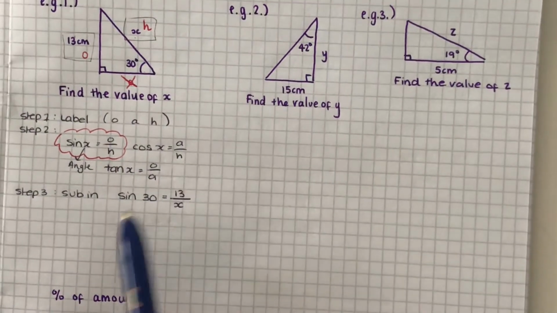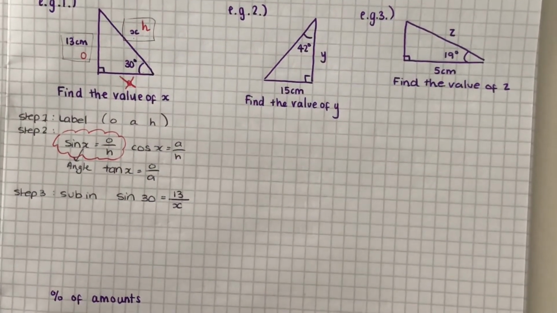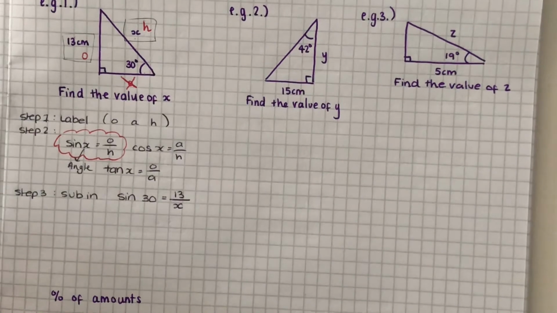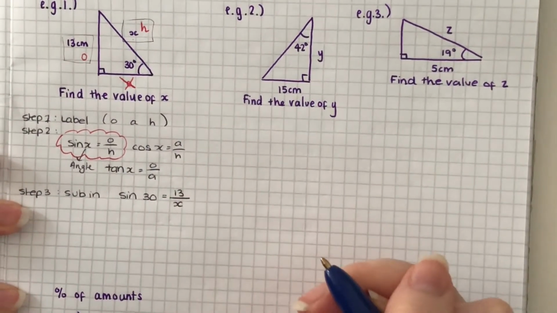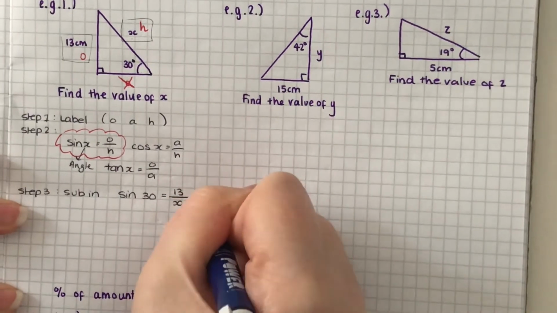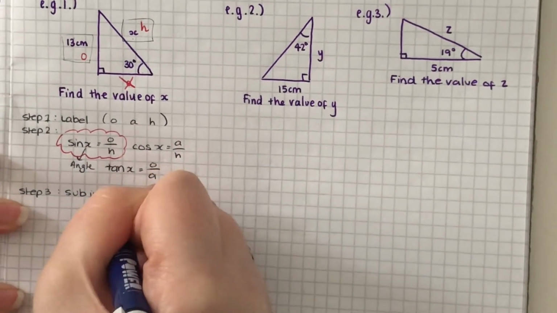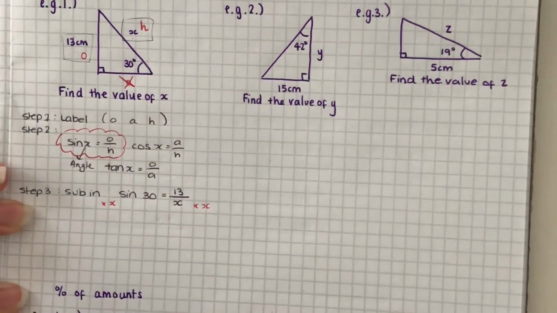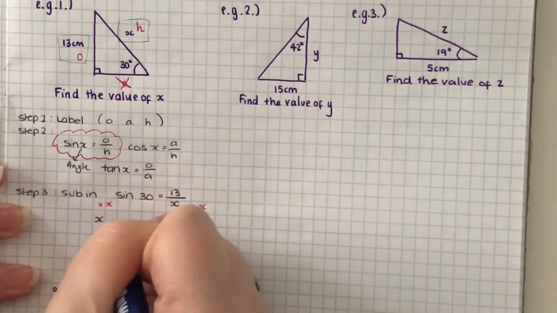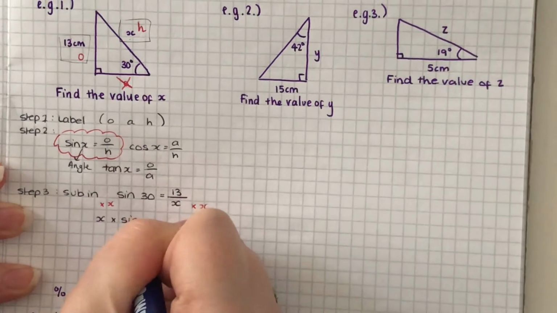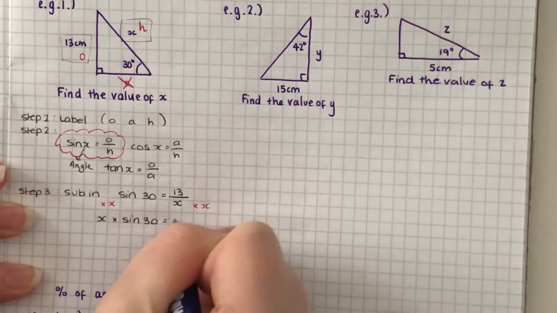Okay, so at this moment we're looking for the number on the bottom, we're looking for the X. So to start this off, the first thing we need to do is stop it being a fraction. So we always multiply by the denominator, whether it's a number or a letter. By doing that, we then end up with X times sine 30 is equal to 13.